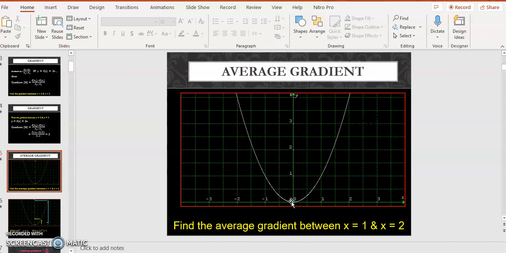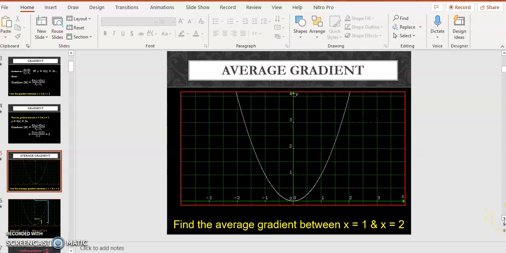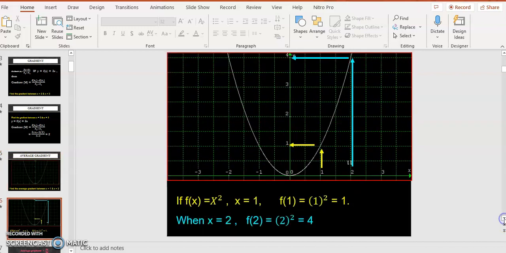Okay, let's see how we are going to find the gradients. Are you ready? I know you are ready because I know you are very intelligent. So here, how are you going to find the average gradient of this?